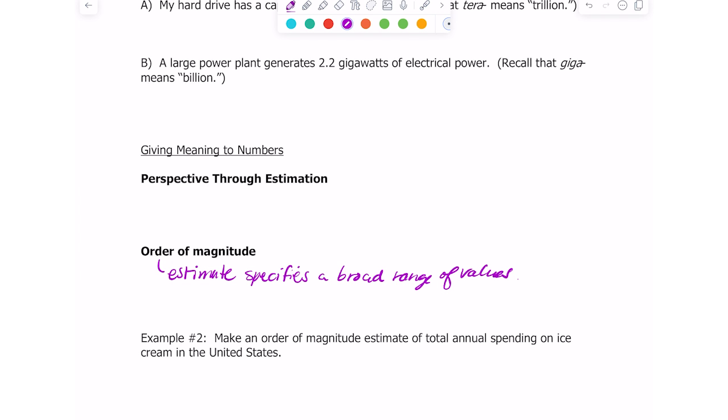Usually within 1 or 2 powers of 10, such as the 10,000s or the millions, okay, for example.